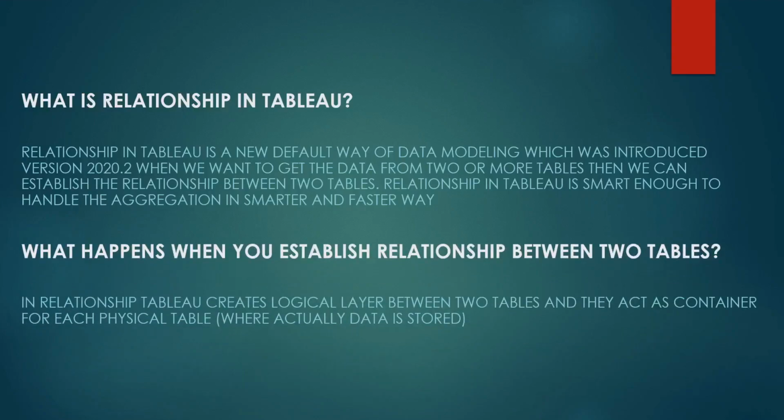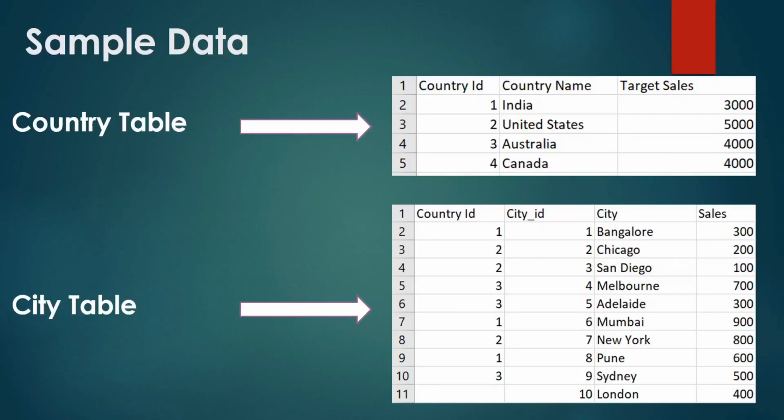And then what happens when you establish a relationship between two tables, right? When you create a relationship between two tables, it creates a logical layer between them. Logical layer means it just gives Tableau a direction that you are creating a contract between two tables. Maybe like in our case, we will be creating a contract between country table and city table.